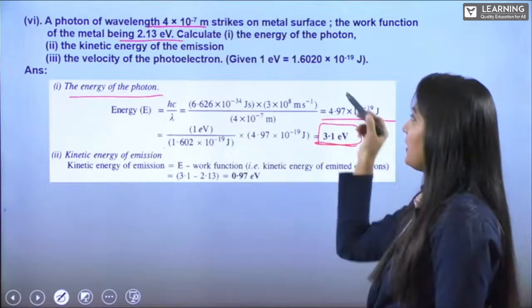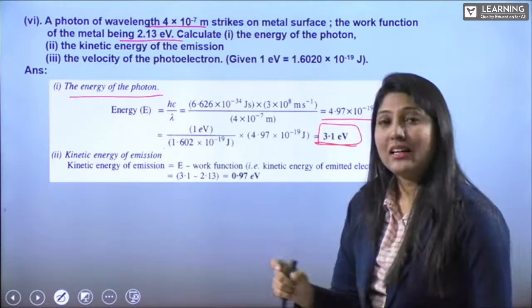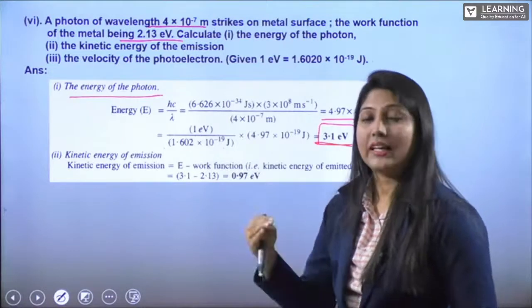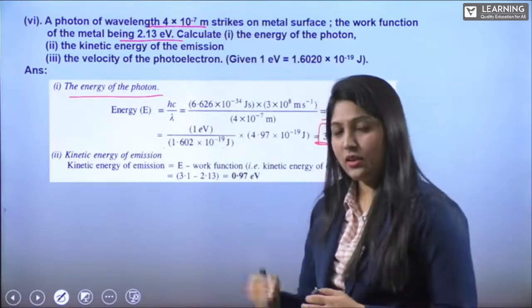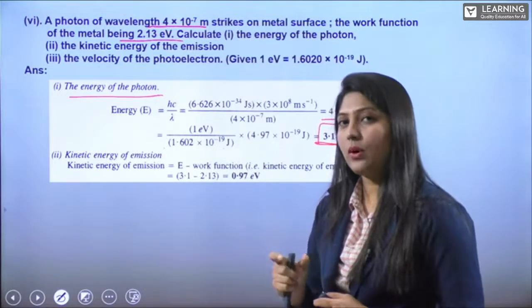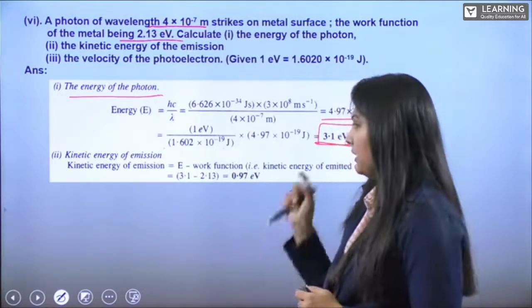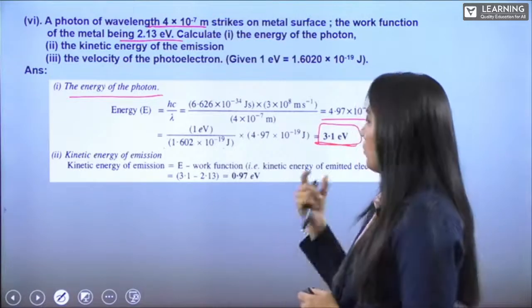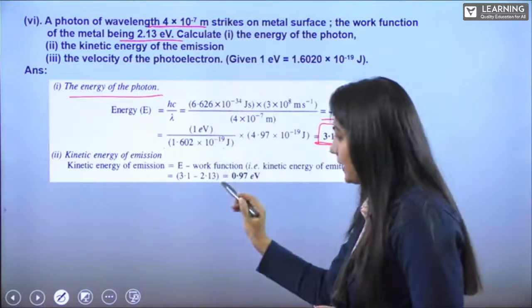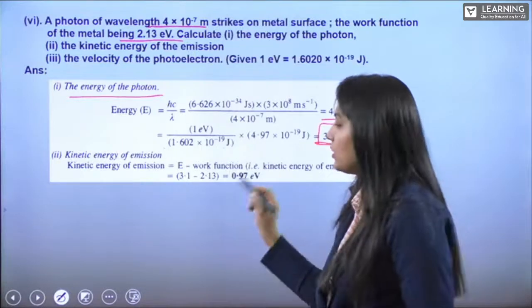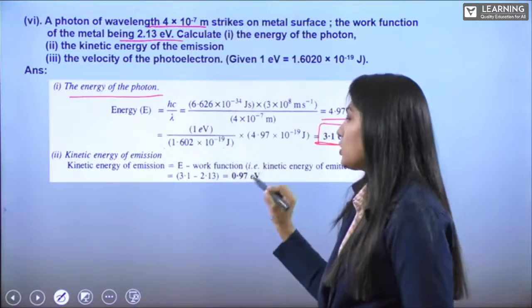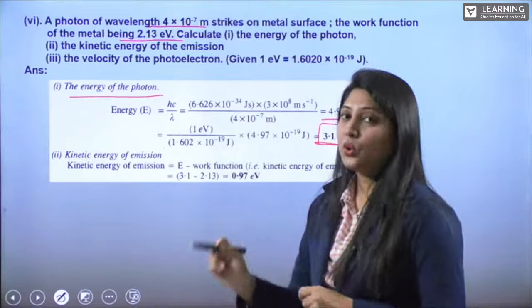If it is in different units, it will be very difficult for you to get the exact answer. Whenever you are adding, subtracting or dividing, you should know about the units. These units are very important. When you are adding or subtracting, they should be in the same units.